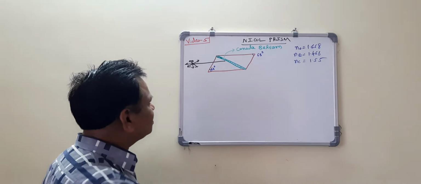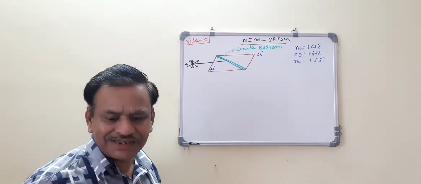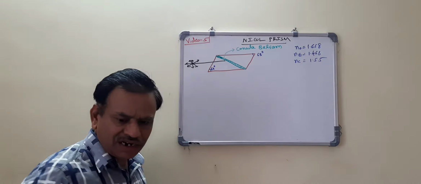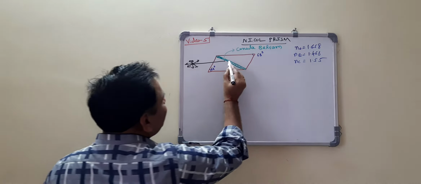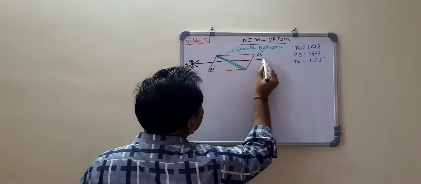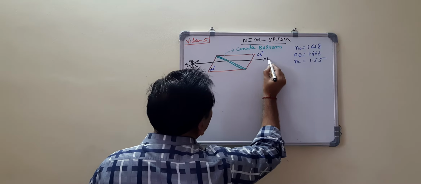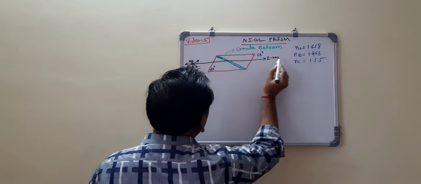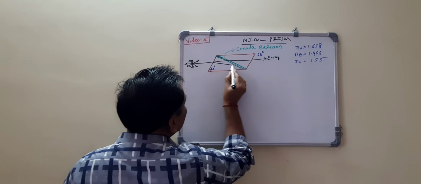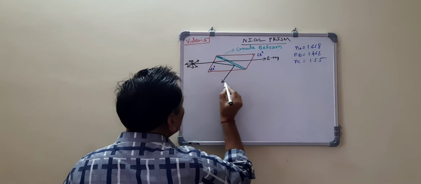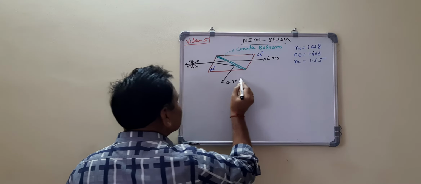It has vibrations in all different planes. The moment the light enters into this, two rays are obtained: one is the E ray, and another is the O ray.